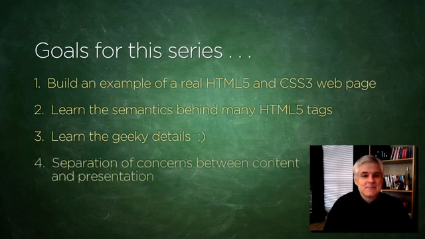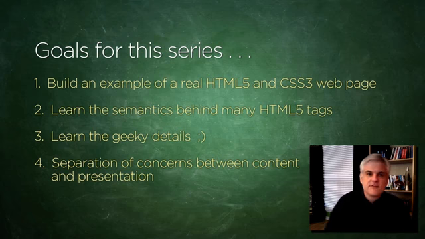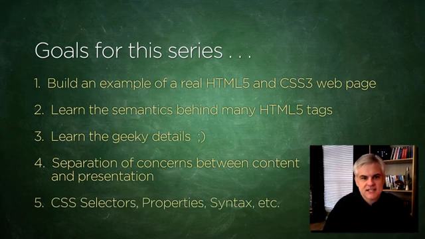And then we're going to talk about the importance of separating structure from aesthetics by separating out the work that we delegate to HTML5 from the work that we delegate to CSS3. We're going to discuss cascading style sheets and demonstrate many categories of properties that can be modified by the styles that we create. We're going to talk about the syntax, the units of measure, how to build reusable styles, and other best practices, and a bunch of other fun stuff.